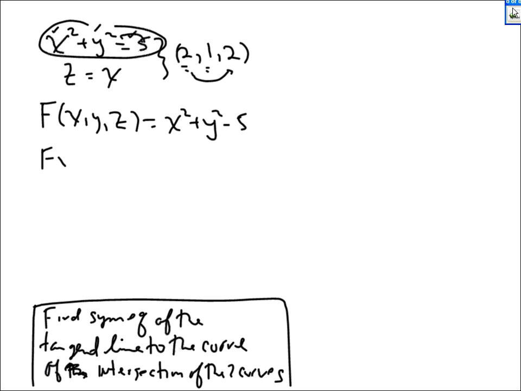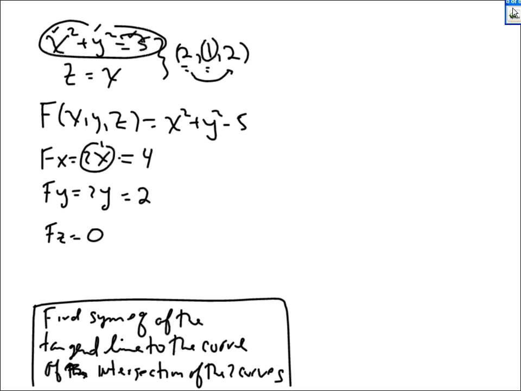Well then, fx is 2x and fy is 2y and fz is 0. And at the indicated point, x is 2, 2 times 2 is 4, 2 times y, when y is 1, 2 times 1 is 2, excuse me. And when x is 2, y is 1, z is 2, 0, couldn't care less.